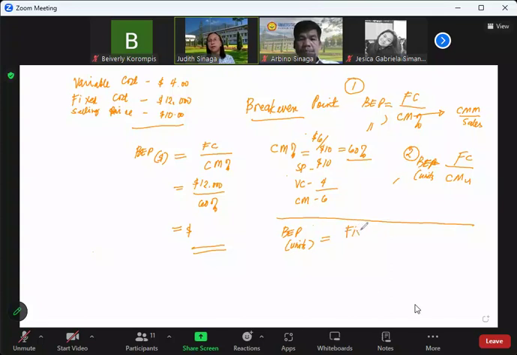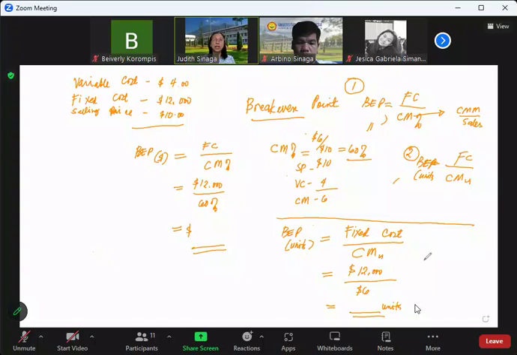Let's write again here. The fixed cost, or FC, over CMU. You have $12,000, you divide it by CM, which is $6. So you will get the number of units for your company to break even.